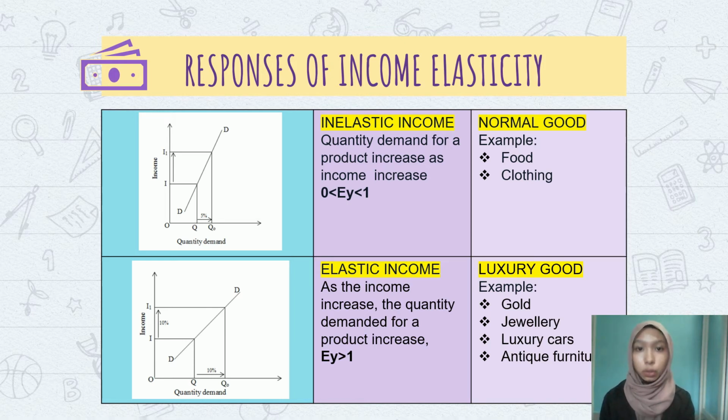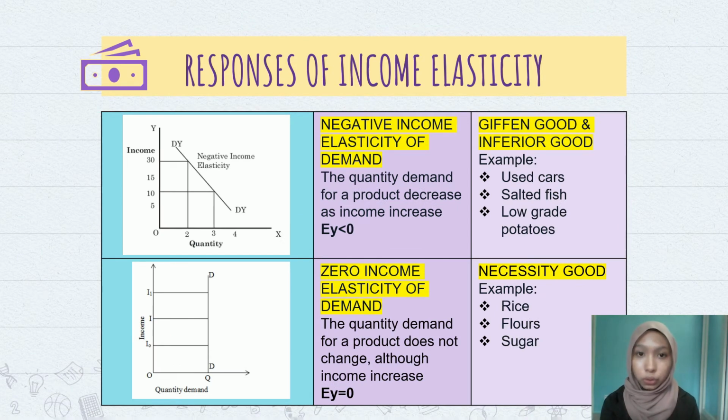This is for normal goods such as food. Third, the graph shows negative income elasticity of demand when the quantity demanded for a product decreases as income increases, which means the elasticity is below zero. The examples of goods are given goods and inferior goods such as used cars, salted fish.